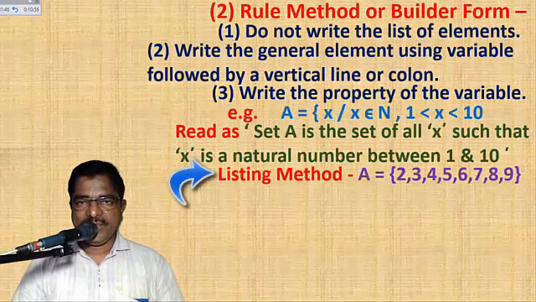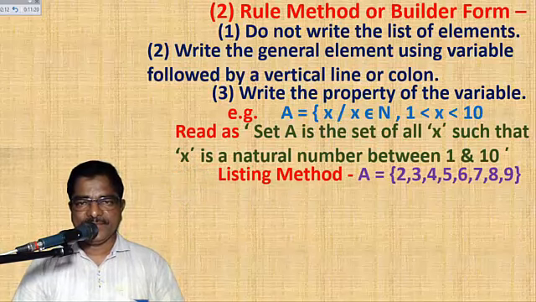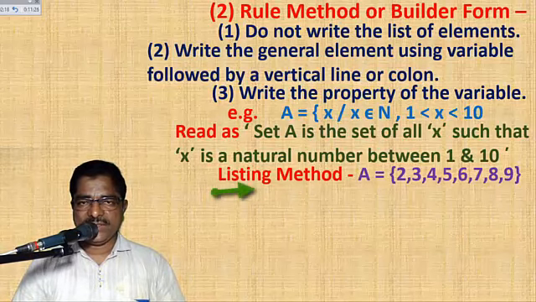Its listing method is A is equal to, we write numbers: x is greater than 1 and less than 10 means the numbers greater than 1, that is 2, 3, 4, 5, 6, 7, 8 and 9, because 10 we can't write here since it must be less than 10. Here we see the listing method and the rule method both.